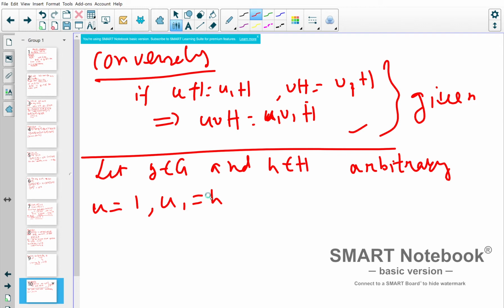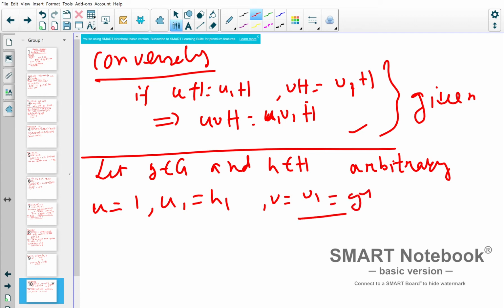So let me write H1 otherwise there will be a mix. Okay, U1 equal to H1, and for V, we can write both V and V inverse. I'm using the symbol, say G inverse.